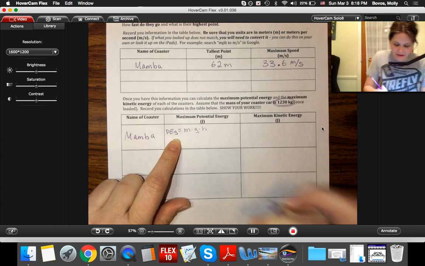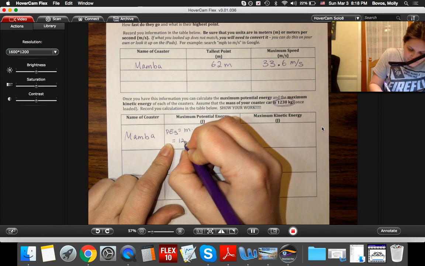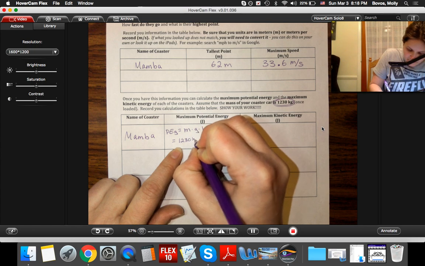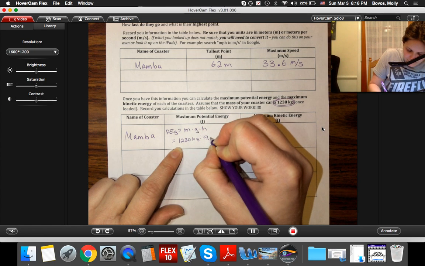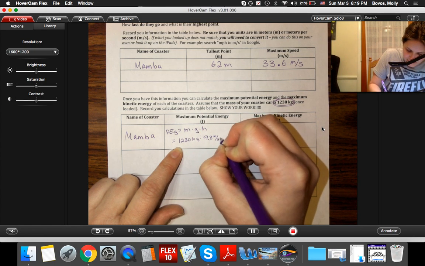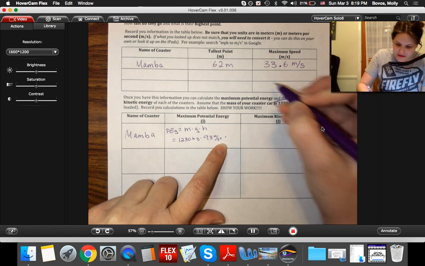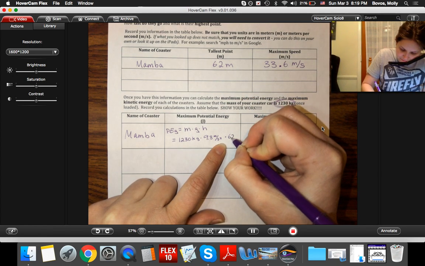mgh. Okay, so that is going to be 1230 kilograms times 9.8 meters per second squared times the height, which is 62 meters.